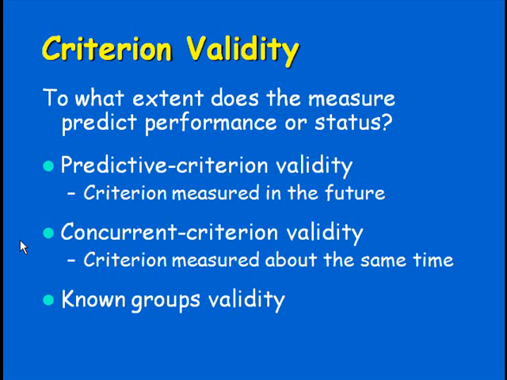The CBCL had probably a total of 10 subscales, but essentially they used two: one that measured externalizing behaviors, acting out, and one that measured internalizing behaviors such as depression, anxiety, those kinds of things.